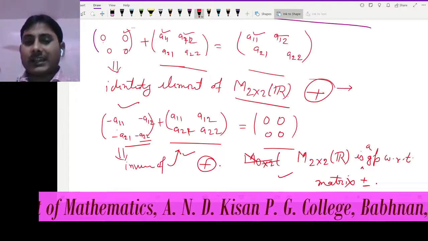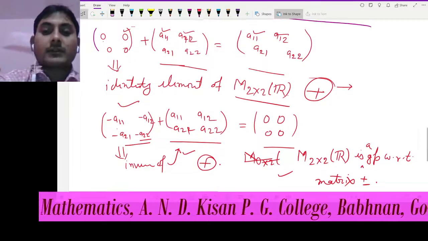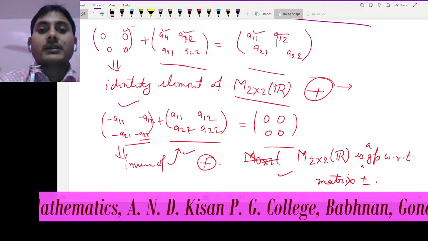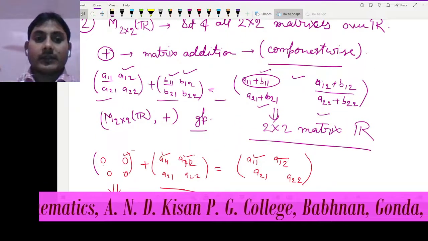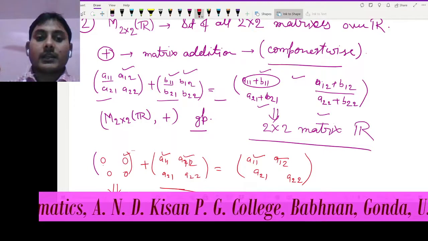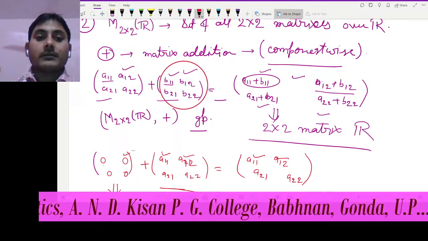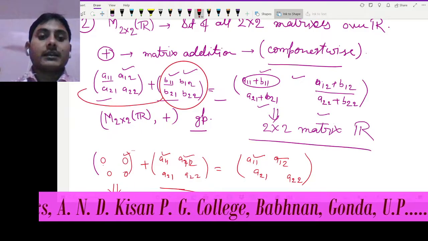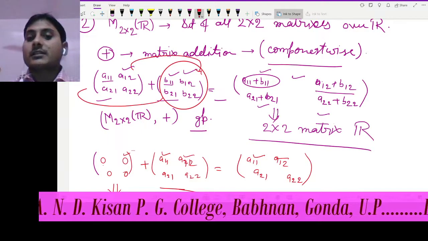You can verify from the previous one, where I have shown you that the multiplication is defined in this way. If you put this particular matrix here and this matrix here, you will change the order only.